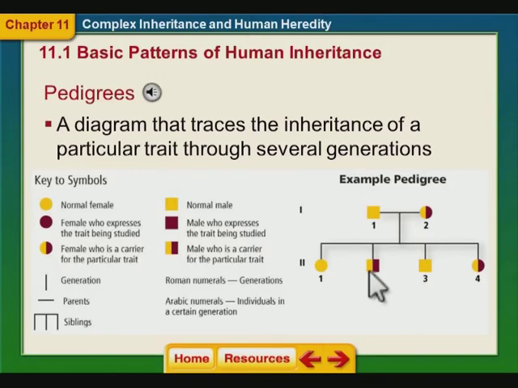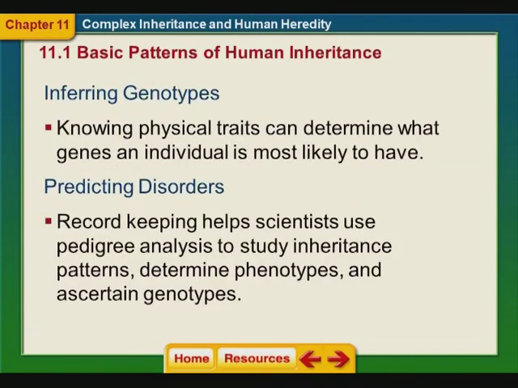So if we see here that they're carriers, but none of them actually have that trait being studied, then we can infer that one of the parents was a carrier. We can look statistically at what the statistics are of somebody actually getting a disease. So we can keep track of this, and this is important.